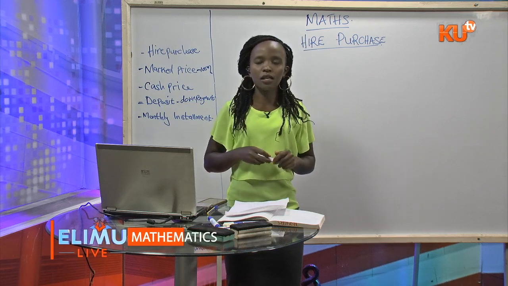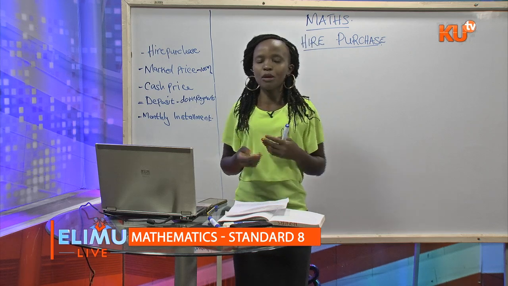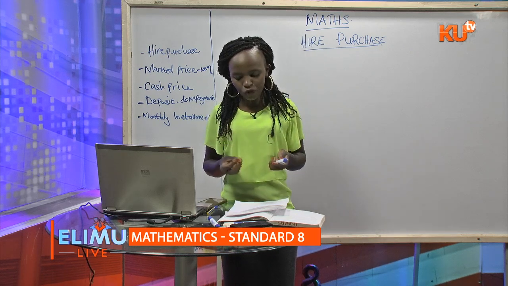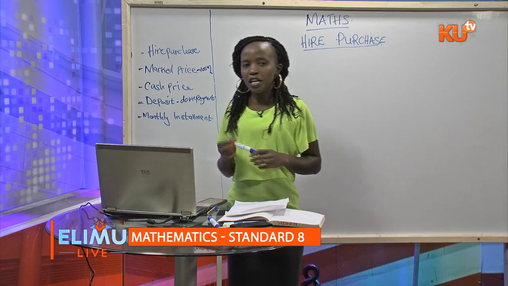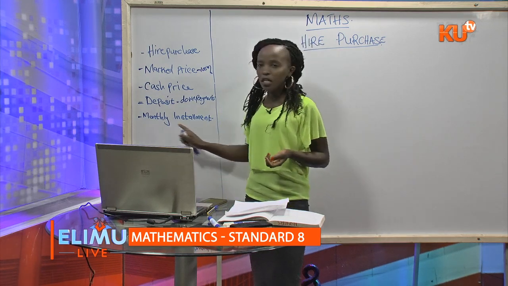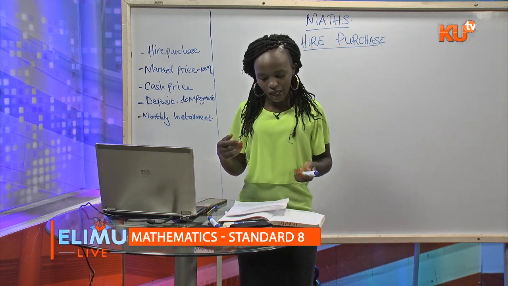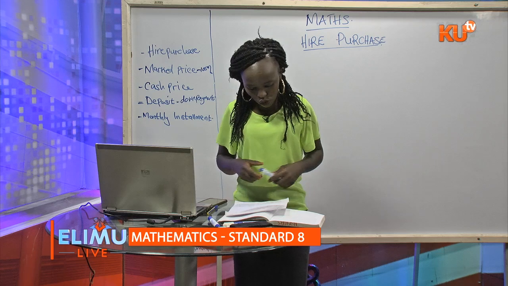In most cases, with hire purchase, a person pays after every month. There's an amount of money that you're supposed to give after every month. That money that you give every month, that's what we call the monthly installment. It depends on the amount that you have agreed with the person who is selling the item to you.